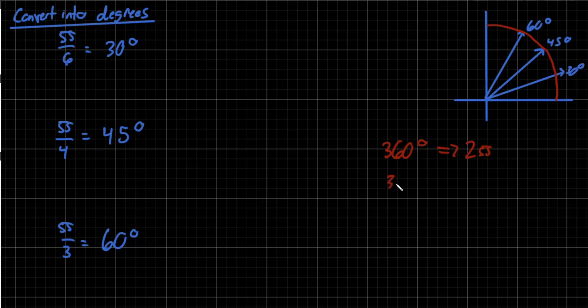If you did this, 360, and we times this by pi over 180 degrees, what is 360 divided by 180? 2. And then we just keep our pi.